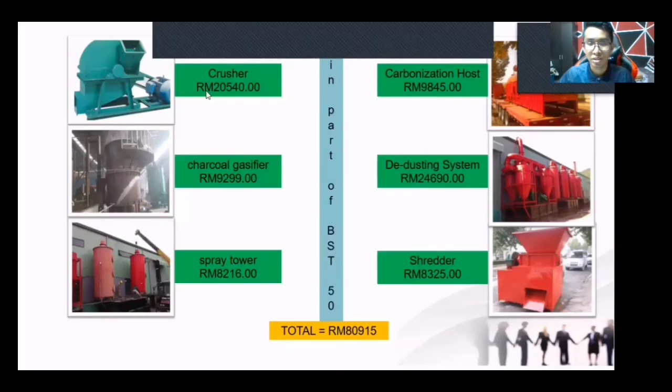The price is 2,540 ringgit, and for the charcoal gasifier the price is 9,299 ringgit, and for the spray tower is 8,219 ringgit, and for the carbonization host we got 9,845 ringgit, and for the dusting system we got 24,690 ringgit, and the last one is the shredder, that is 8,325 ringgit only, and the total for all of this part is 80,915. Alright, so for the forecast we have 3 points that I highlight.